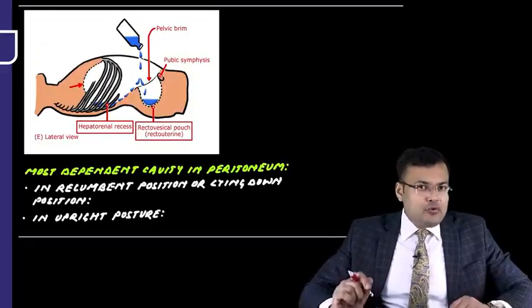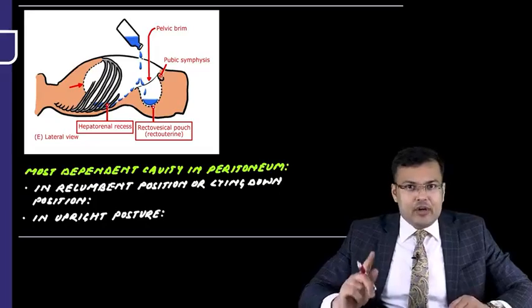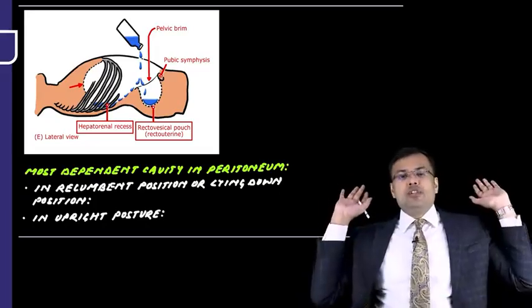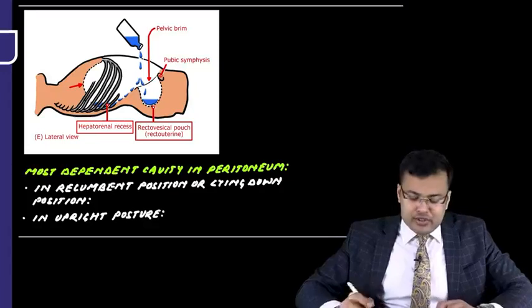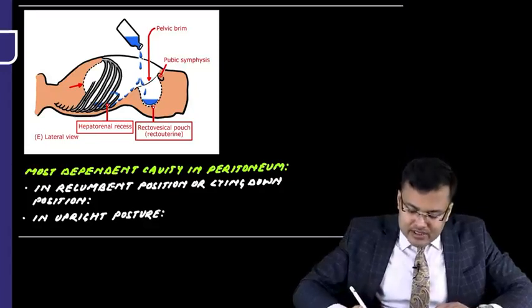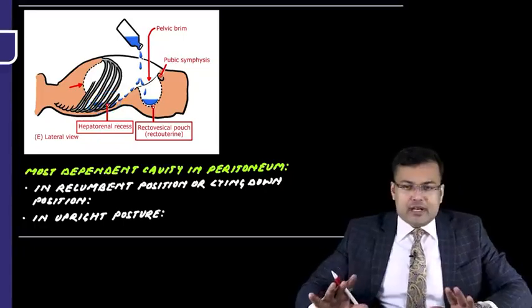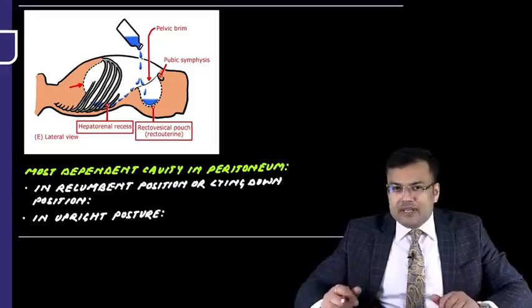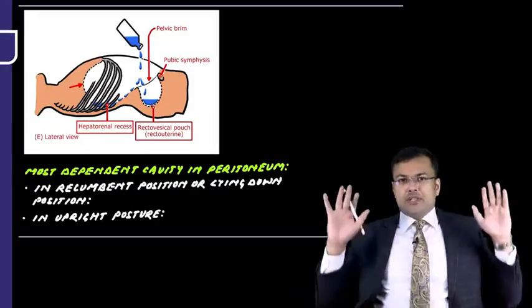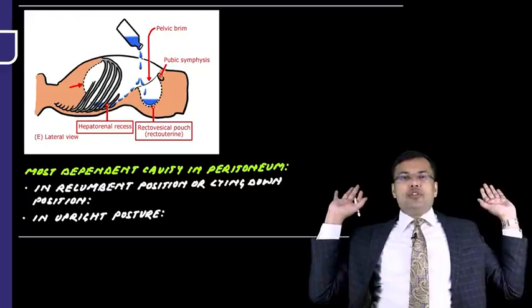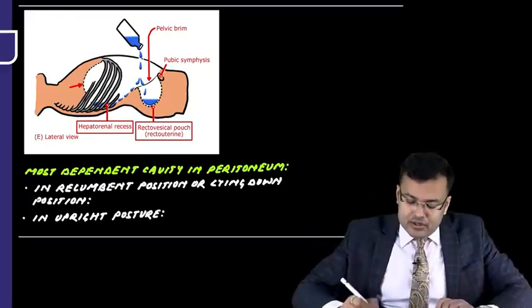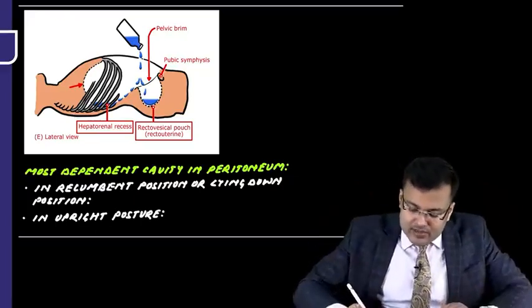First, what is the most dependent cavity in the peritoneum when the patient is in the supine, lying down, or recumbent position? In this image you can see the most dependent cavity.